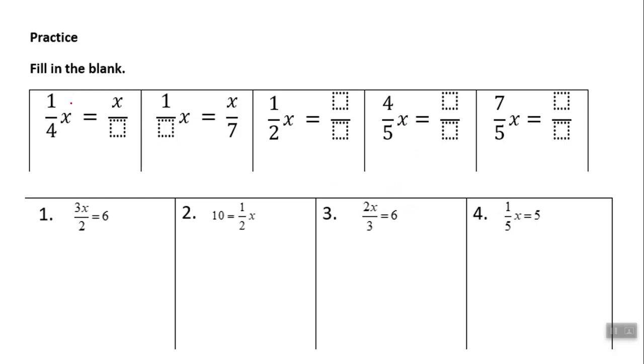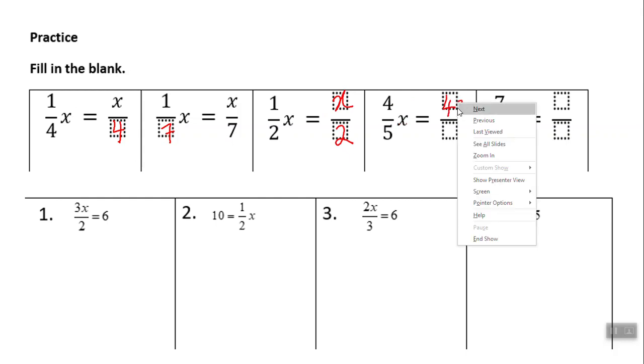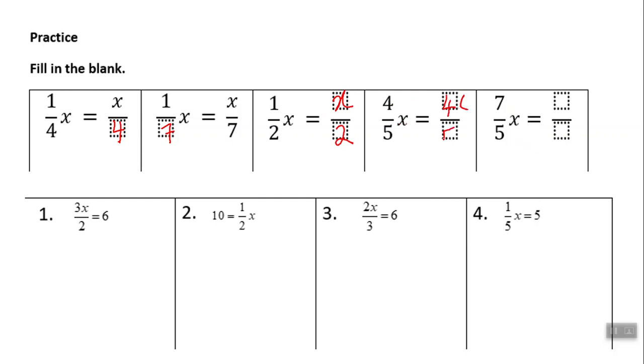Okay, so 1/4 x is the same as x over 4. And x over 7, x divided by 7, is equal to 1/7 x. 1/2 x is equal to x over 2. 4/5 x is equal to 4x over 5. 7/5 x is equal to 7x over 5.